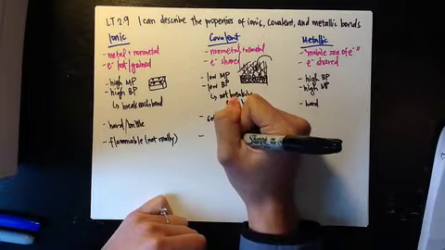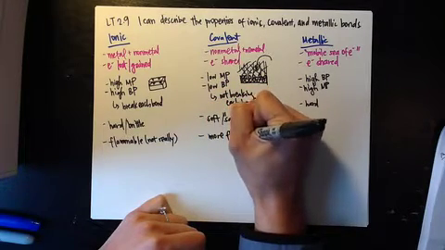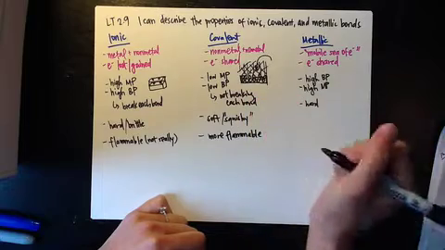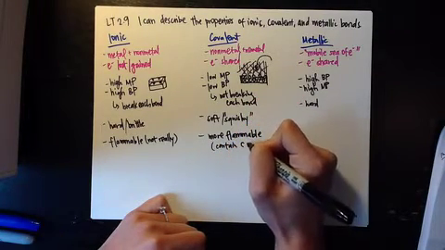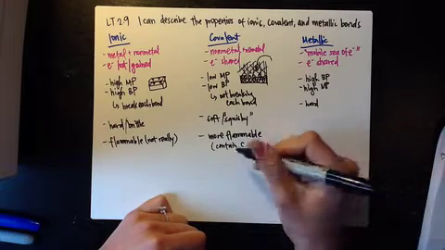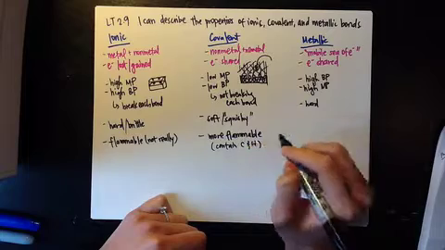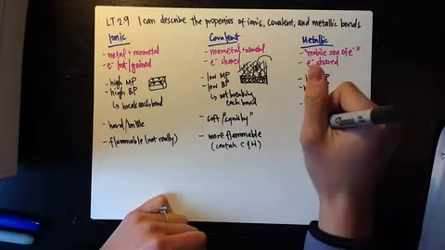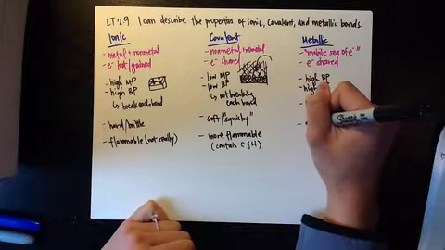Whereas covalent compounds are more flammable. Why are they more flammable? They contain C's and H's, carbons and hydrogens. These are very highly flammable. They're also nonmetals. Okay. And these guys, very similar to ionic, not really flammable.